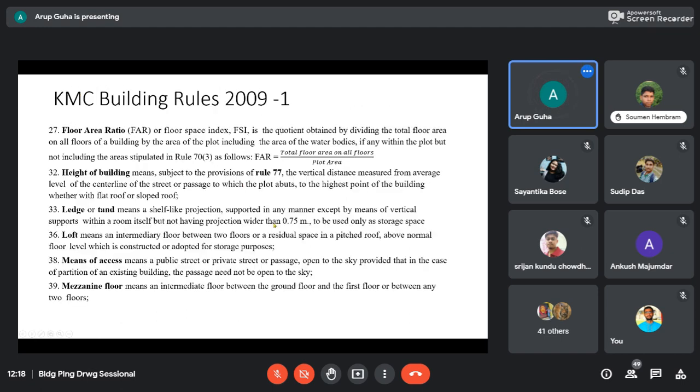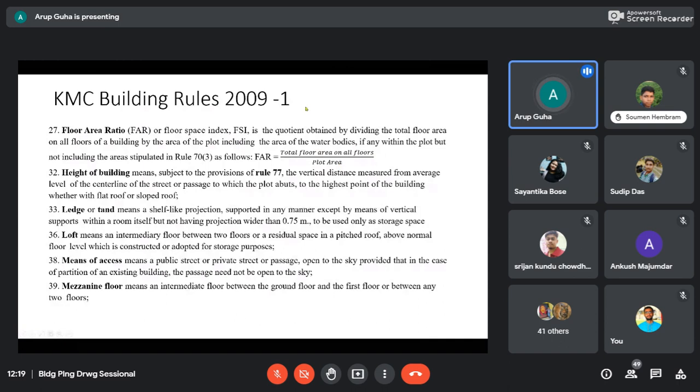Corporation here means the Calcutta Municipal Corporation building rule. Here something we call FAR is being defined, or rather FSI, floor space index: total floor area on all floors divided by plot area.